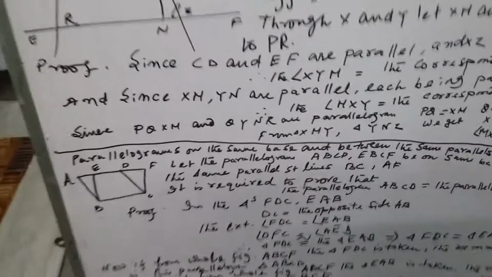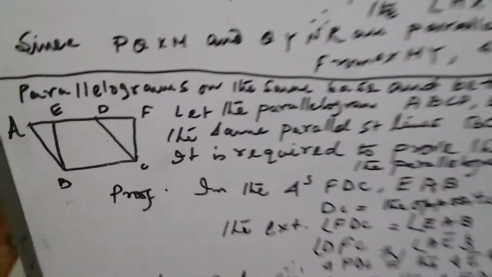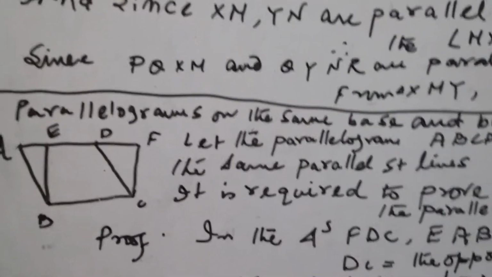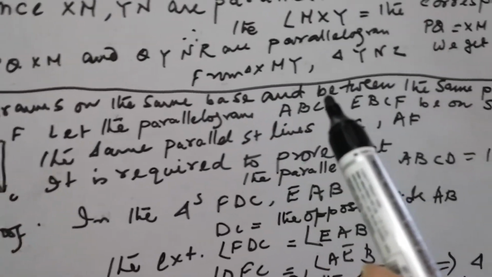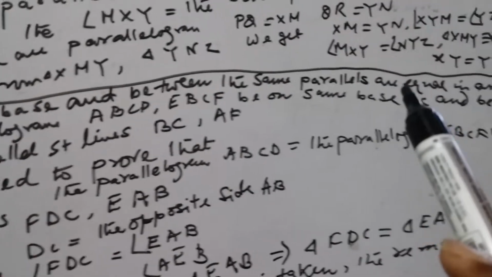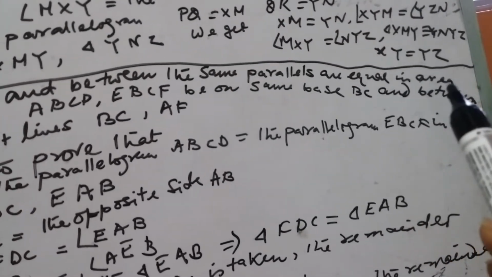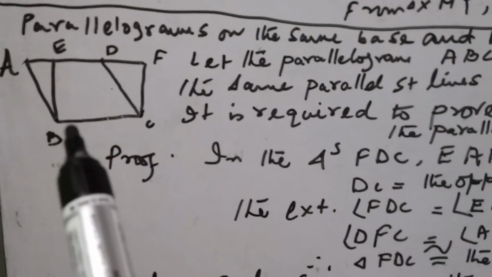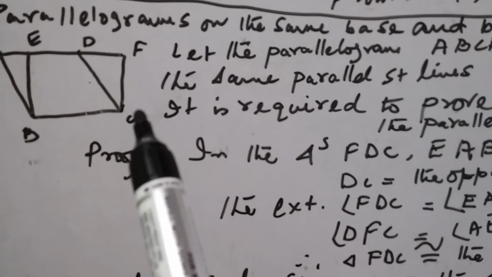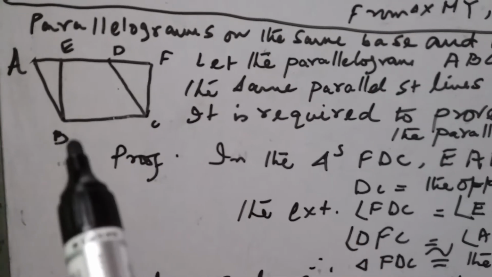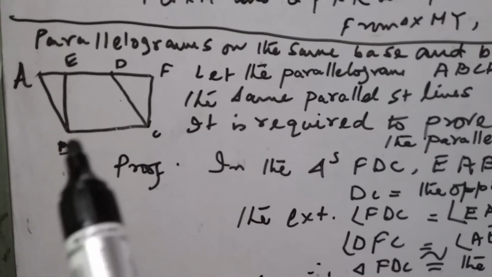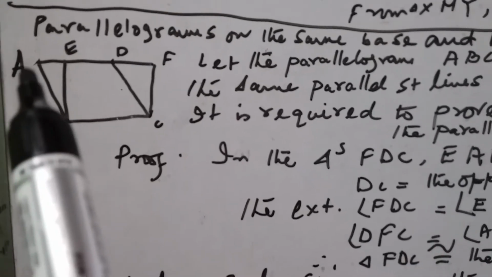And my last proof: parallelograms on the same base and between the same parallels are equal in area. This is base BC, and ABCD is one parallelogram and EBCF is another parallelogram. These are parallel lines.